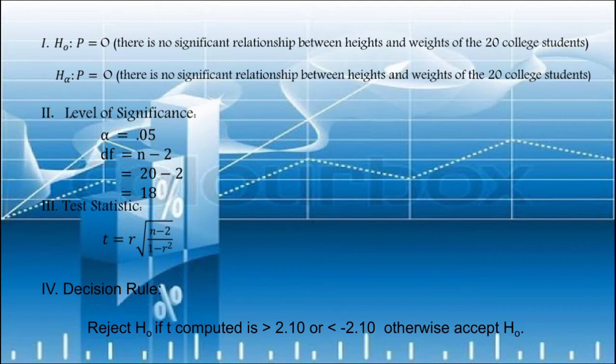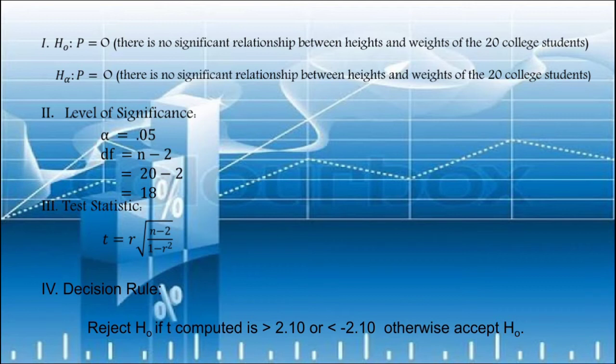Our alpha is equal to 0.05. Then the formula for our degrees of freedom is DF equals n minus 2. Our n is equal to 20, so our DF is equal to 20 minus 2, which is 18.